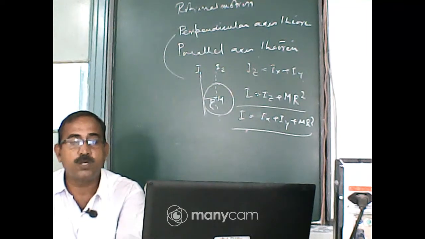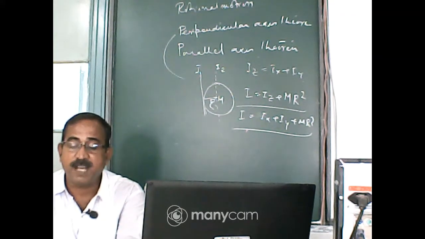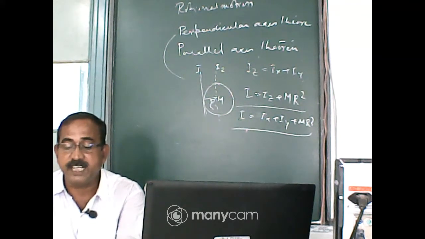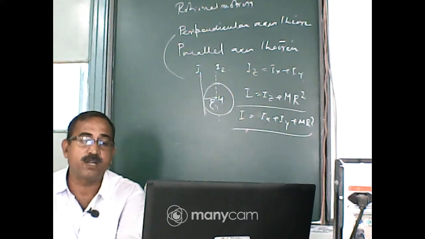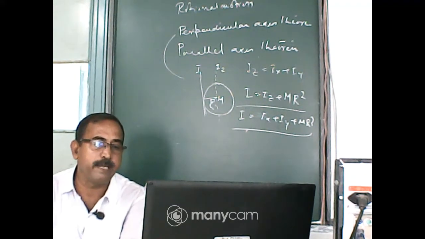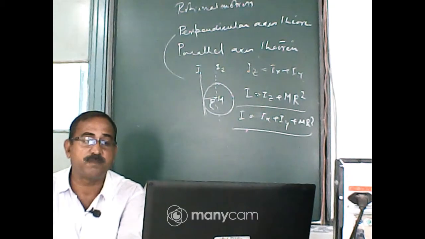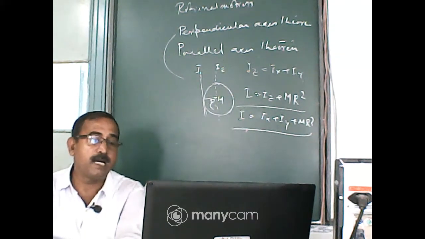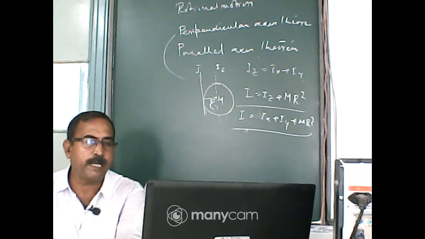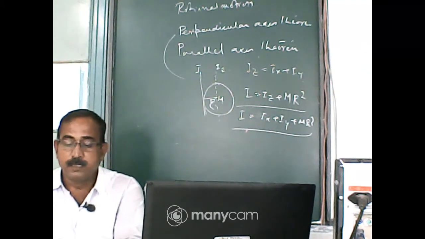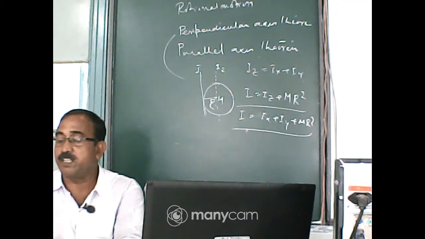So, the parallel axis theorem: I equals Icm plus mx square, or mr square or mh square, if the distance of that axis from the center is r or h. Okay, clear?